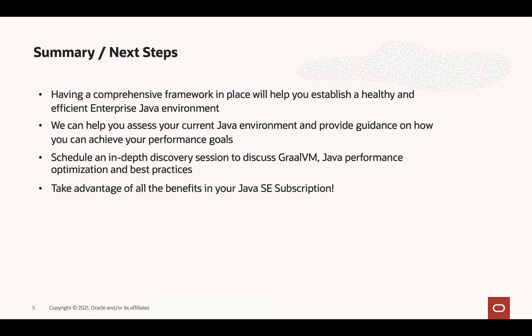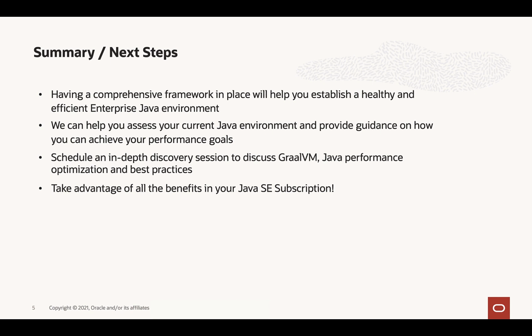And keep in mind, we can help you down this path. So we can help assess your current Java environment and even provide guidance or a path on how you can achieve your performance goals, as we mentioned earlier.